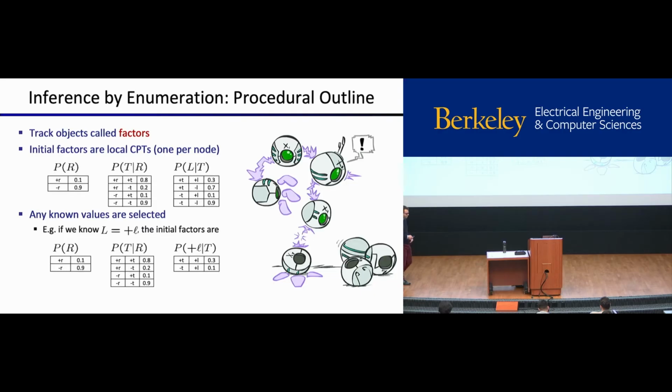So we only care about being late for class. We don't care about not being late for class anymore. Just select those rows, okay? Then the procedure is we just join all the factors together, we multiply them all together, and then eliminate all the hidden variables, and then normalize so it all sums to 1, and then we're done.